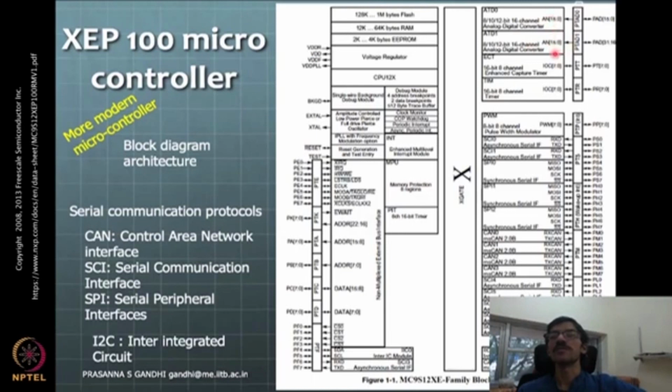There are only 16 channels in this microcontroller. There will be some small difference between these two cases, so one has to see in a little more detail. But there are 0 to 16 channels for this analog to digital converter. So I cannot interface 20 sensors, so I cannot use this microcontroller. Those kinds of conclusions one can draw.